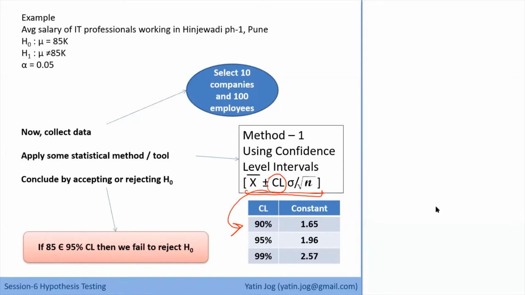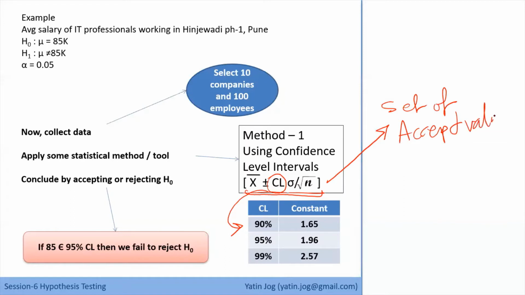Now, when I say that I'm using this method of X bar plus or minus CL into sigma upon root n to calculate a range of values, this range of values indicates the set of accept values.